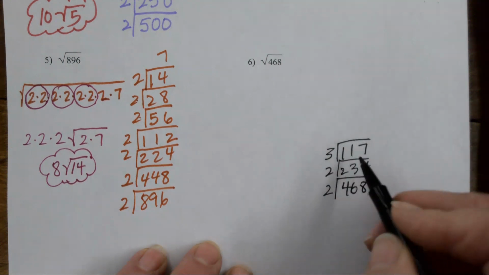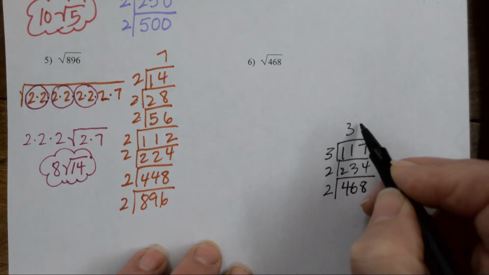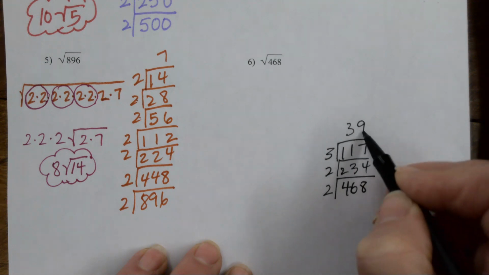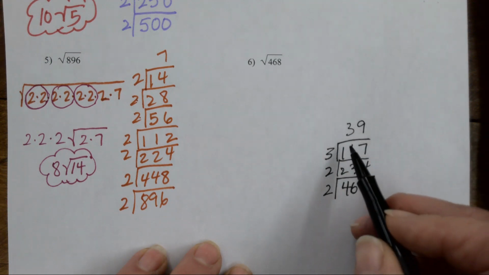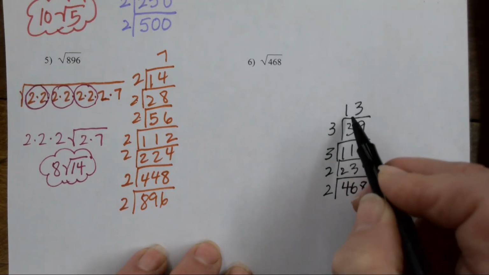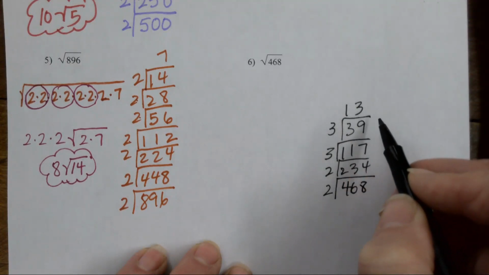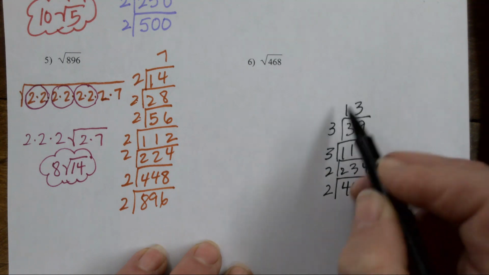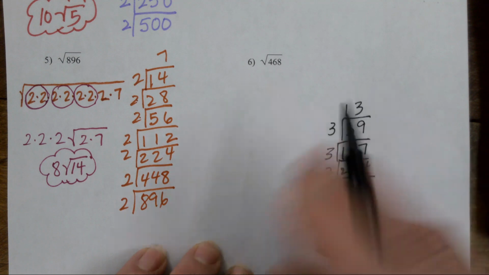Go in order. That's 39. Okay. Try 3 again. 13. Try 3 again. No, I don't need to try 4. 5. No, can't do any more because it's prime.